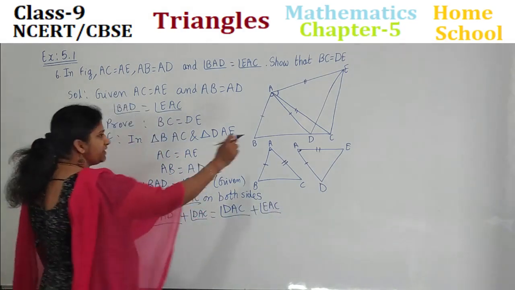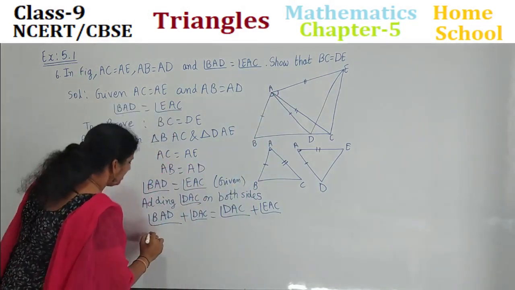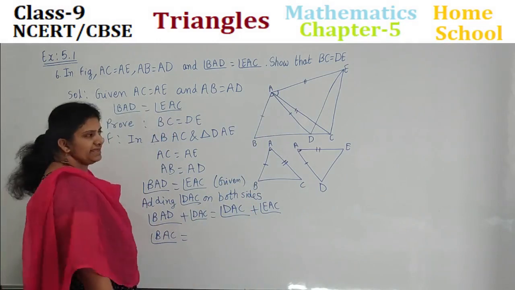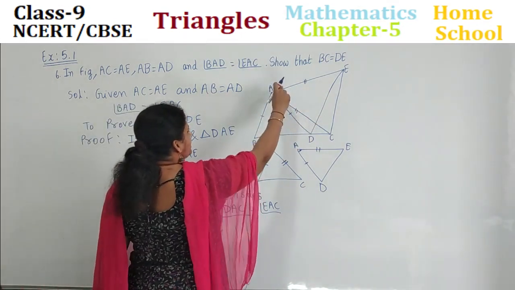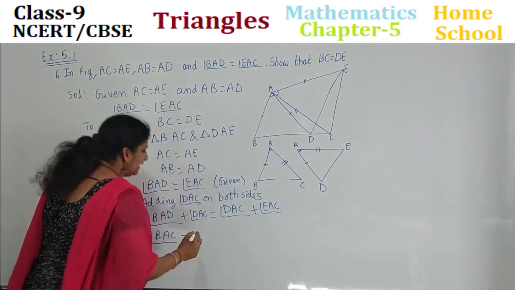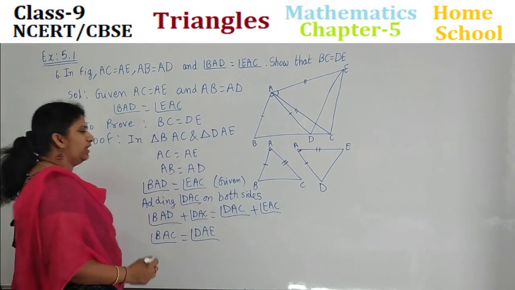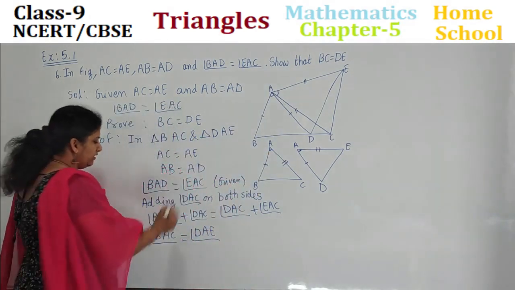Now observe here, angle BAD plus angle DAC will be angle BAC, which is equal to angle DAC plus angle CAE, which becomes angle DAE. Now what we need is that the angles are equal.